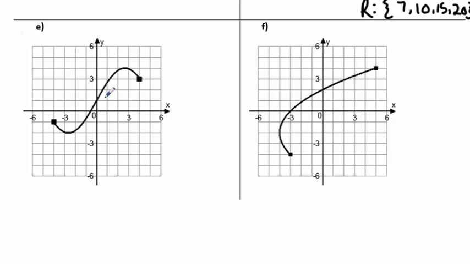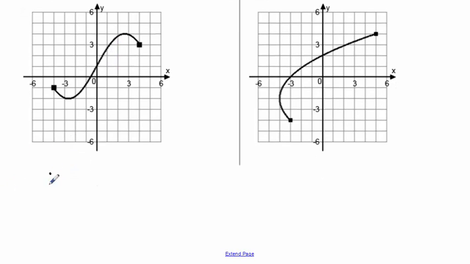So we need to use an interval for the domain. There are a couple of ways to do this. I can write my interval as an inequality. I can say that the smallest x value is -4, and the largest x value is 4. So I could say it's all x's that are between -4 and 4.